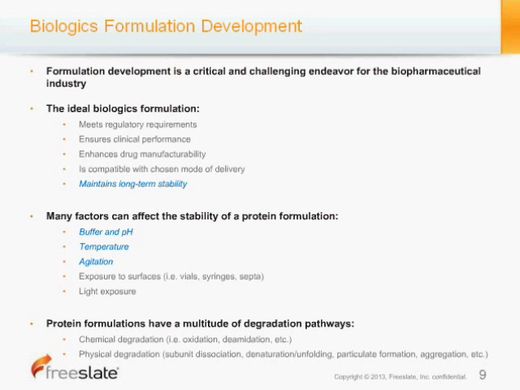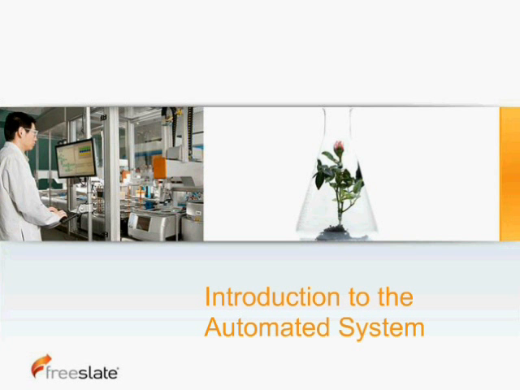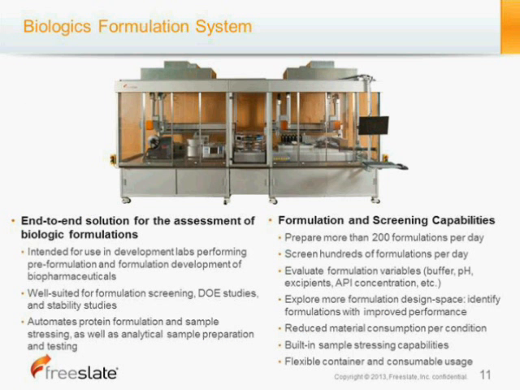So now, given that information, I'll talk a little bit about the automated systems that I use to perform this sort of hybrid study. And so the first here is what we're calling the biologics formulation system. So this is just to give you a high-level overview of the system. It's basically designed to be an end-to-end solution for the assessment of biological formulations.